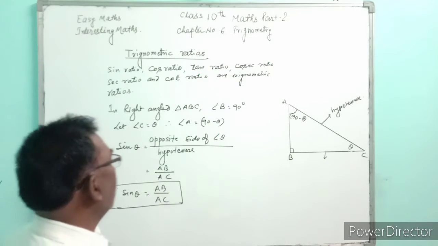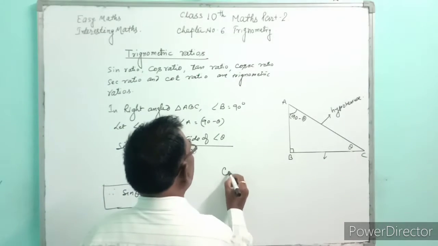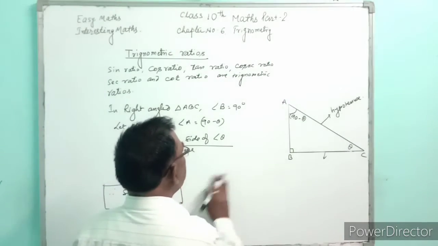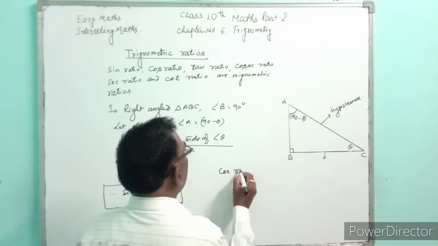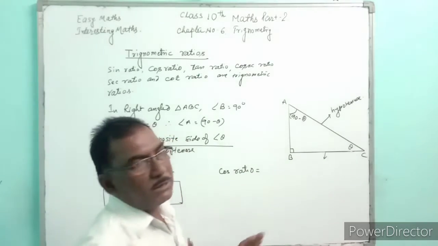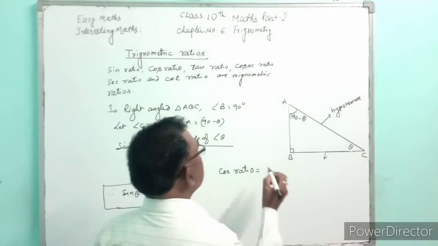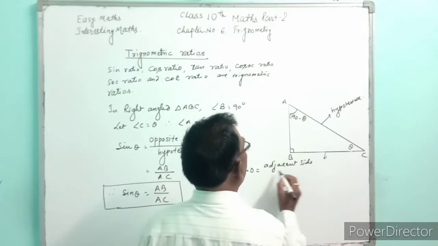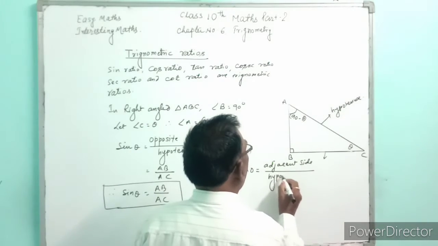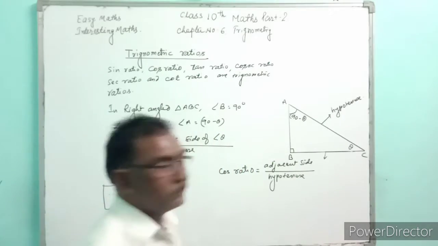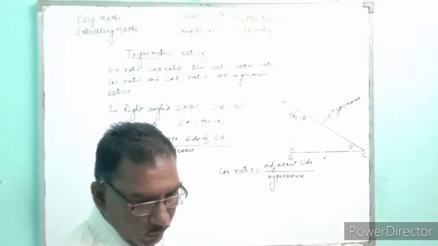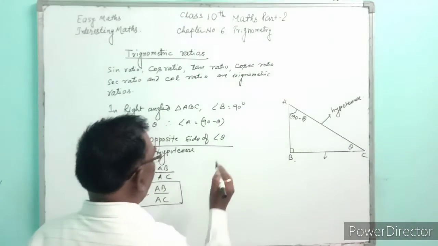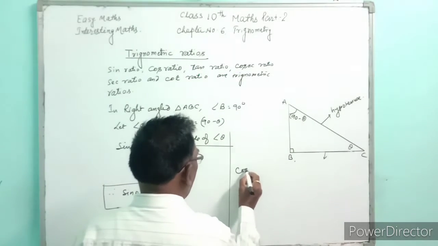Next we will see cos theta. First we see the cos ratio. Cos ratio is equal to adjacent side upon hypotenuse. I will write here cos theta.